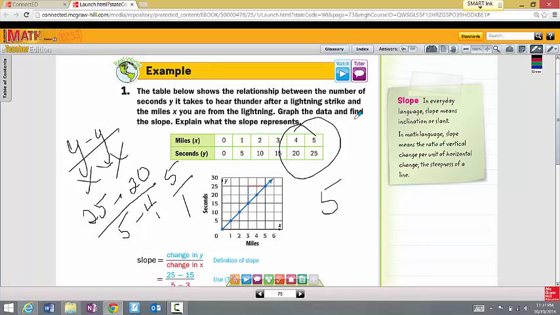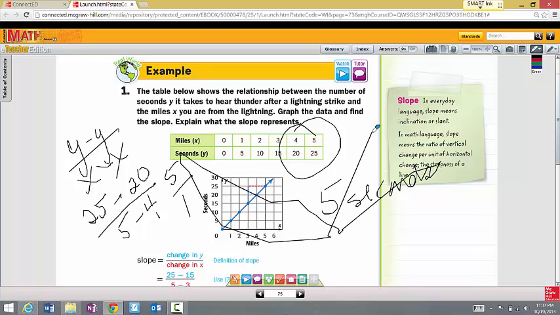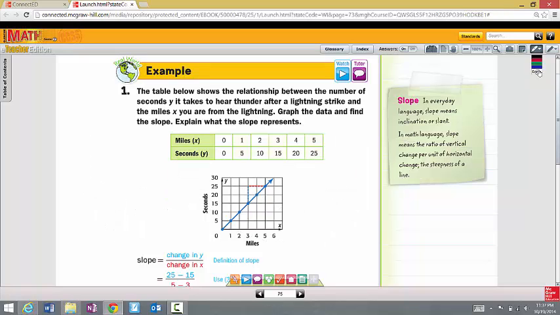Now you have to tell me what that slope represents. That means that for every 5 seconds, because it's 5/1, it is 1 mile away. Make sure you have that written down. If you don't, pause it and write it down.